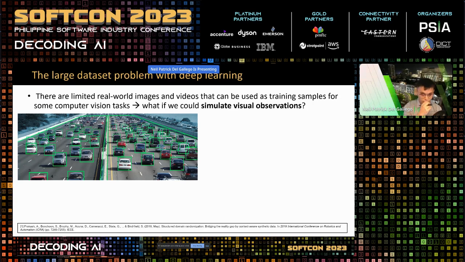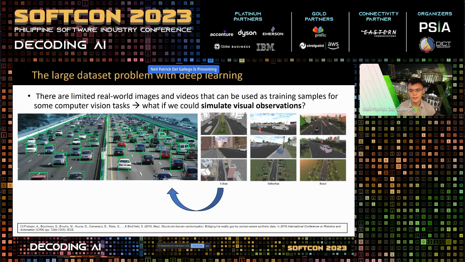The alternative to that is, what if we could simulate it with visual observations? In computer graphics and in my field, game development, I have basically merged the two disciplines together. The game development practice of creating 3D virtual worlds, we use that as our test bed for training a computer vision model or AI, in the hopes that it could recognize objects in the real world.